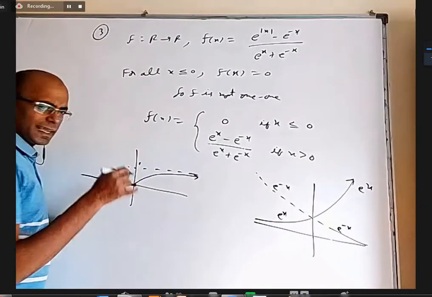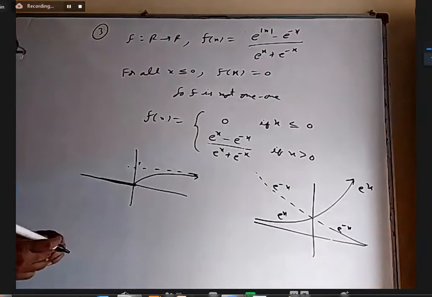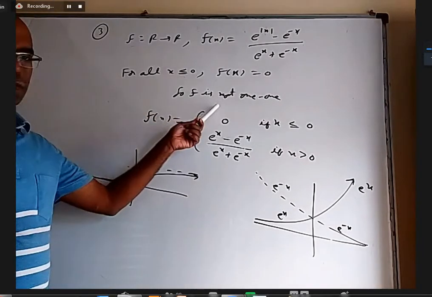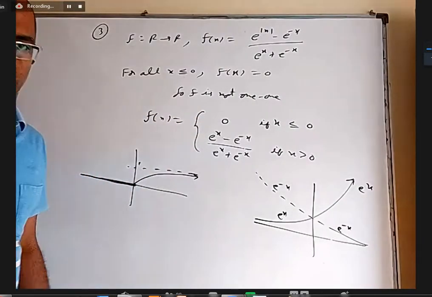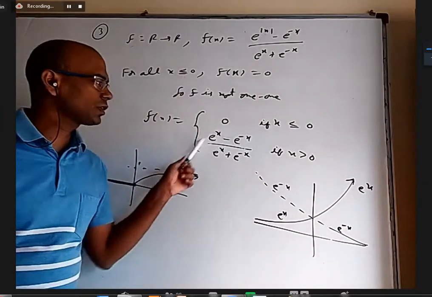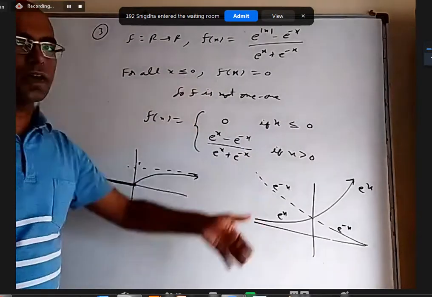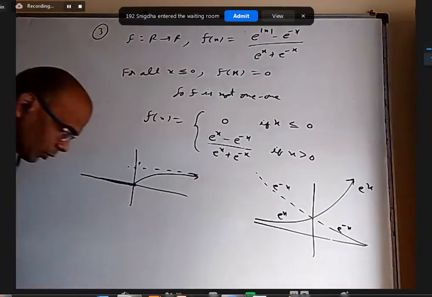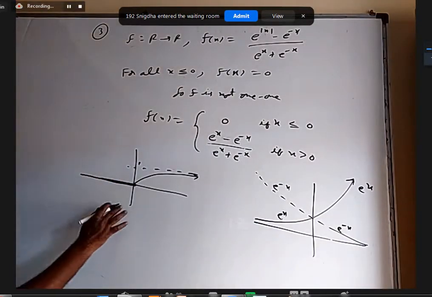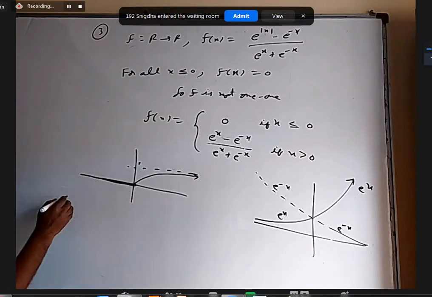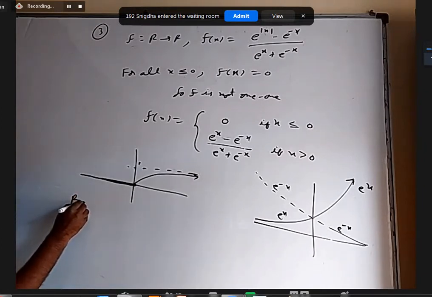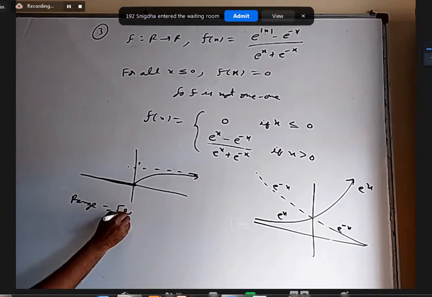We don't need the exact graph, because f is not 1, 1. It is also not onto, which is very easy to tell, because this is 0 and this is always positive. So negative values are not covered, and values more than 1 are not covered. I can write the exact range, but first of all, I will write the range as within 0 to 1.